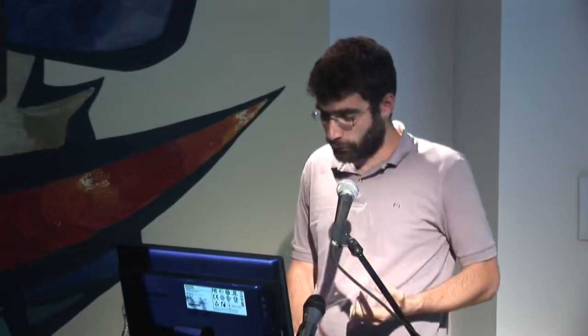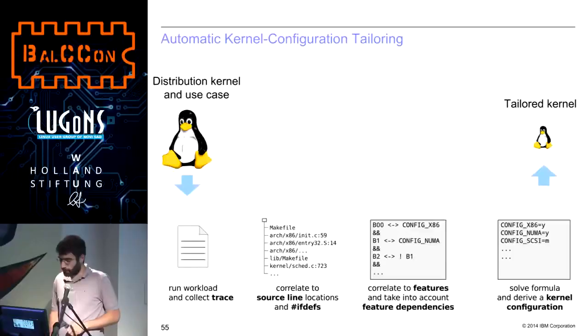Together with the values that we've collected from tracing, we can put them into the Boolean formula, put all of that within a SAT solver, and simply solve that and obtain one kernel configuration that satisfies the traces we're interested in. So when we do that, we obtain our tailored kernel by simply recompiling the kernel.